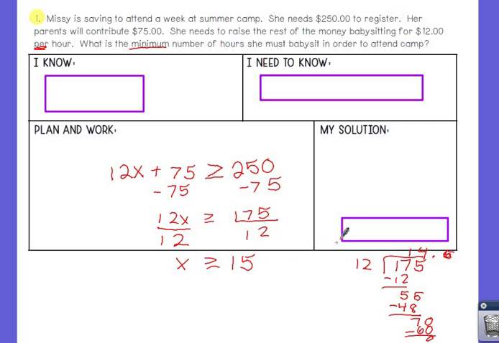Can I work more than 15? Yes. So she's babysitting for 15 or more hours. So I didn't have to continue on with this decimal. I just had to use some common sense to see if I would round it up or down.